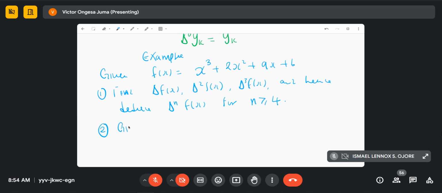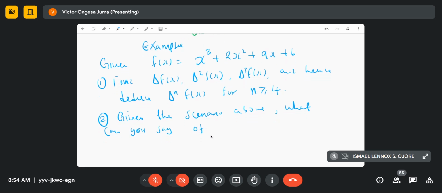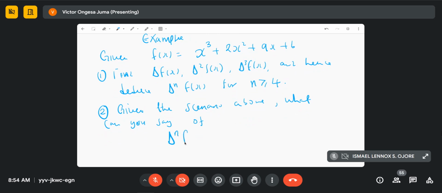So 2, given the scenario above, what can you say of the nth difference operator of f of x, where f of x is a polynomial of degree n.